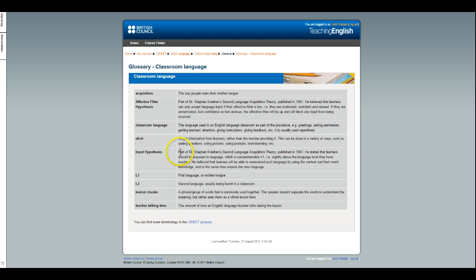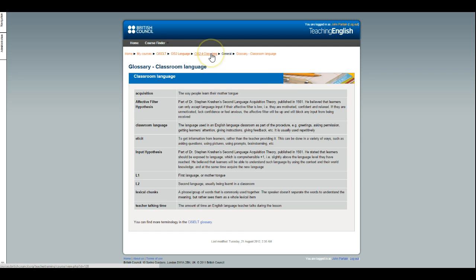This is very important. I'll be sharing some information on this. Dr. Stephen Krashen's second language acquisition theory. There's a lot to be learned about his language acquisition theories, many of which are relevant in what we do in the classroom and what we see from our students.